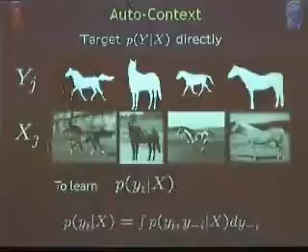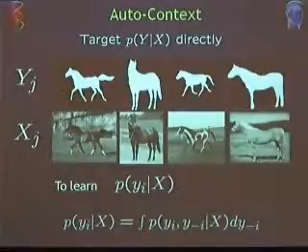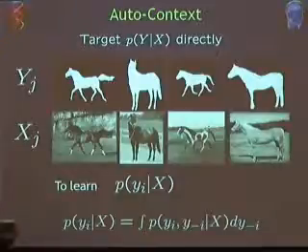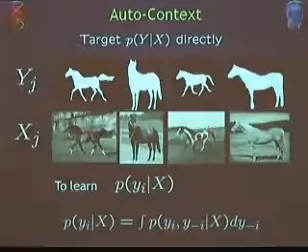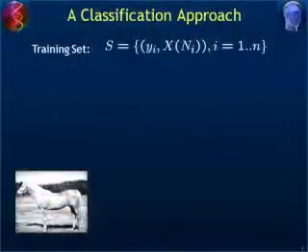For instance, if we ask how likely this pixel belongs to the horse body, you need to integrate out all the neighboring pixels because they are in the joint probability space. So studying this marginal seems to be an even more difficult problem because of the integration. But we can turn the course around to make the problem simpler.